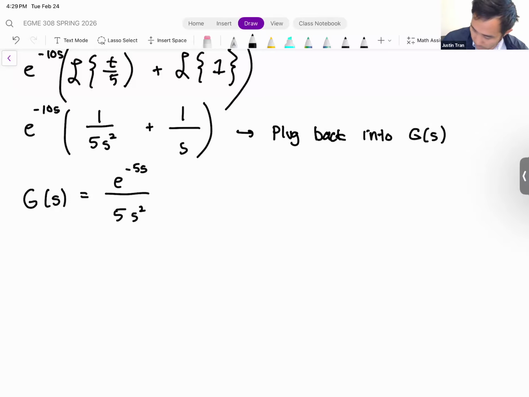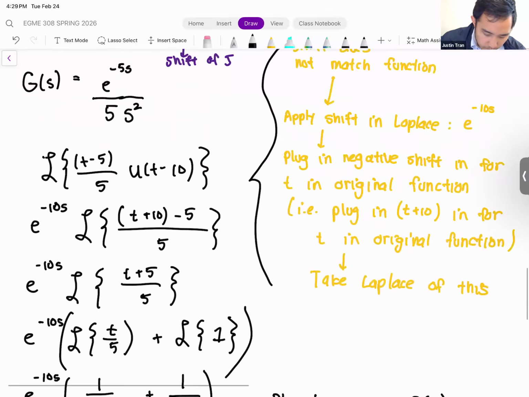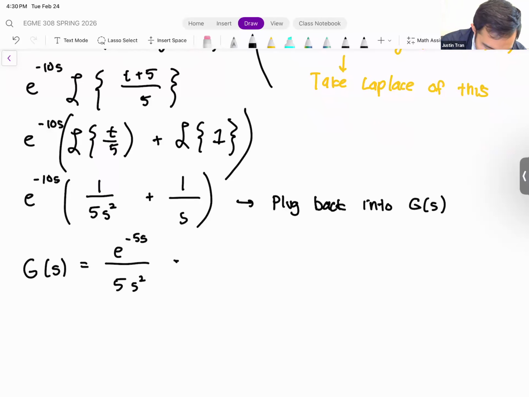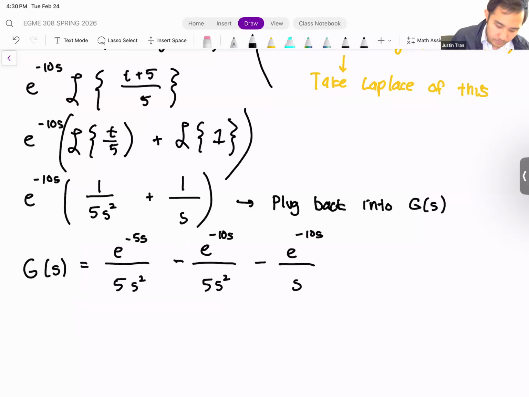To this, we're going to subtract our shift of 10, what we just found here: e to the minus 10s divided by 5s squared, minus e to the minus 10s over s.